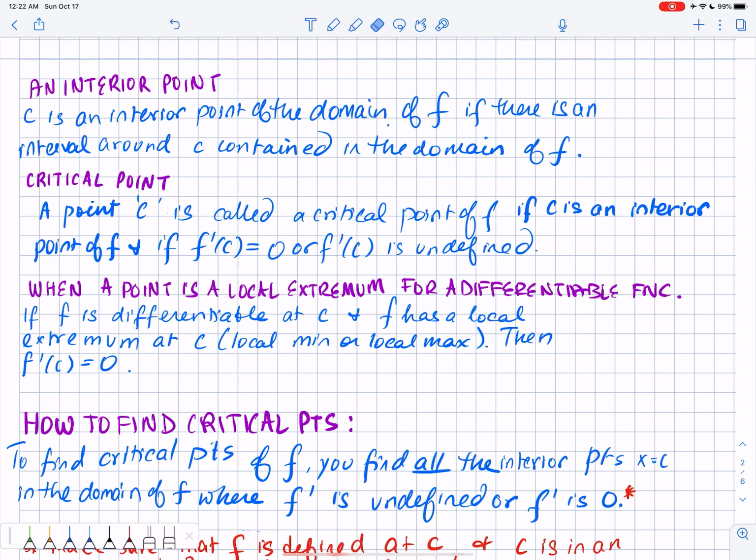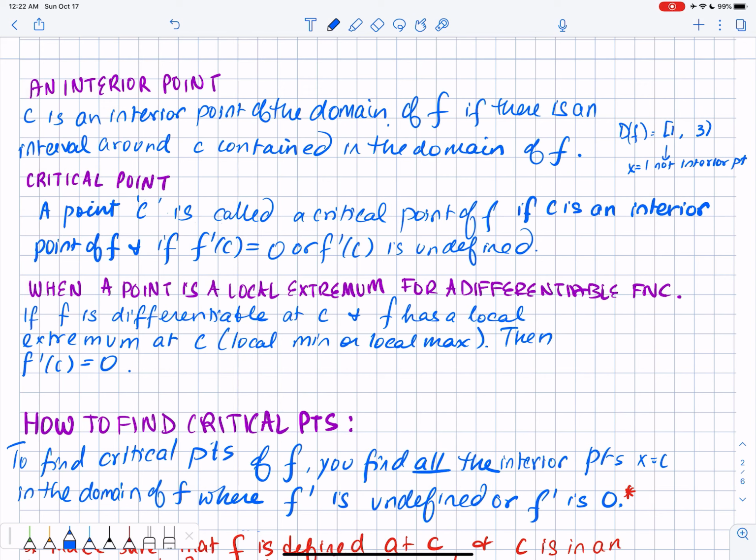So for example, suppose you have that the domain of F is the interval from 1 to 3. Okay, then 1 is not an interior point, even though 1 is in the domain of F. And x equals 3 is not in the domain of F, and nor is it an interior point.